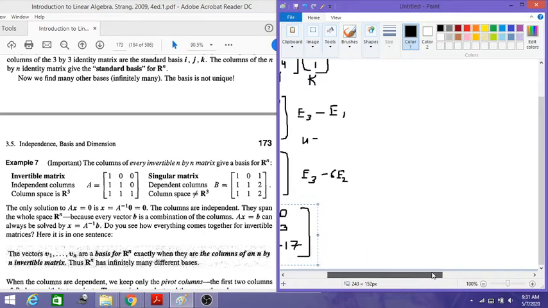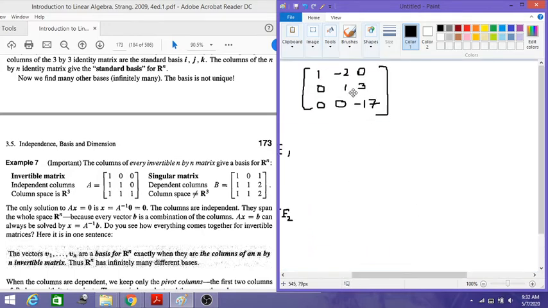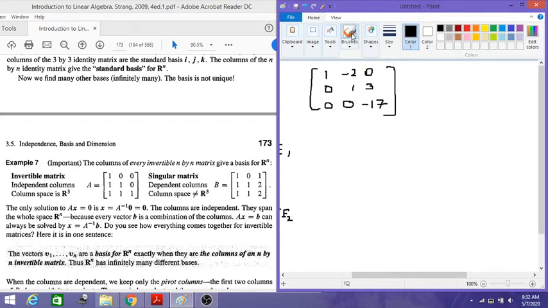So I will copy this and paste here. So now we will continue this elimination process. We'll take out these threes here, above. So I'll multiply this third row, so now it is E2 minus 3 by 17 into E3.